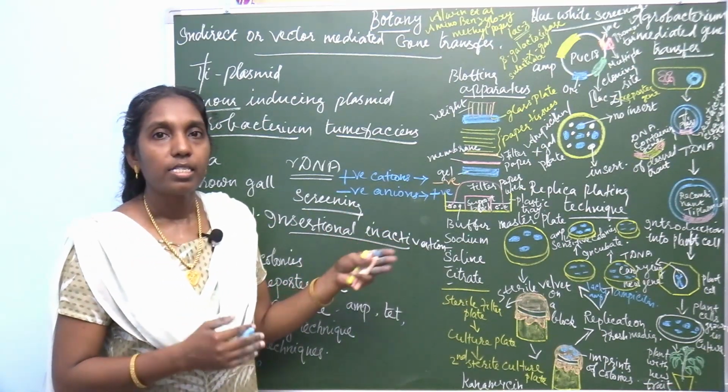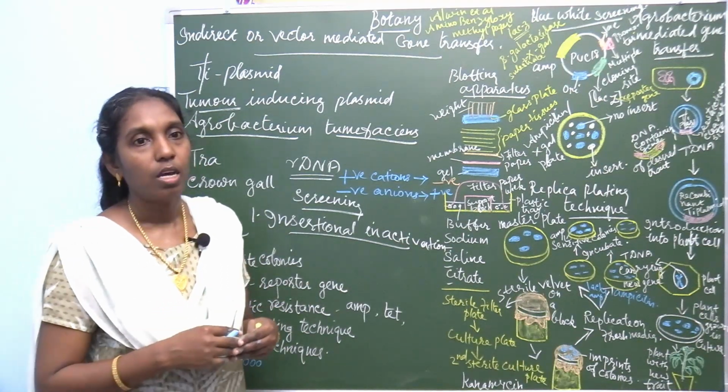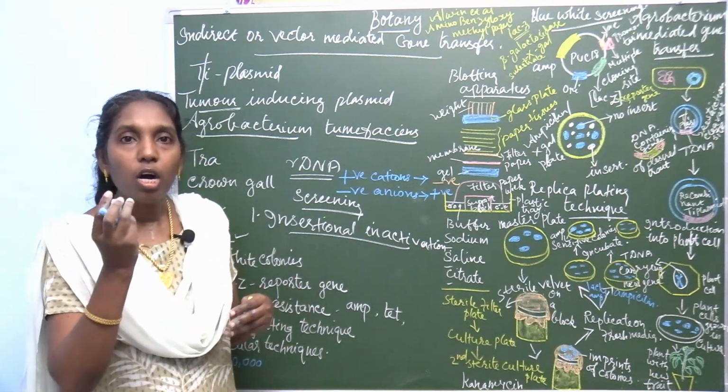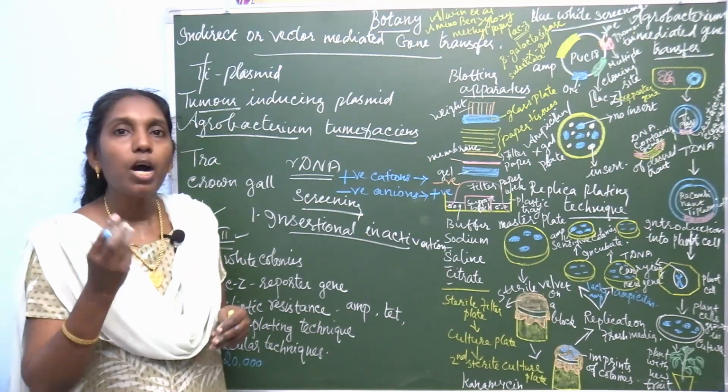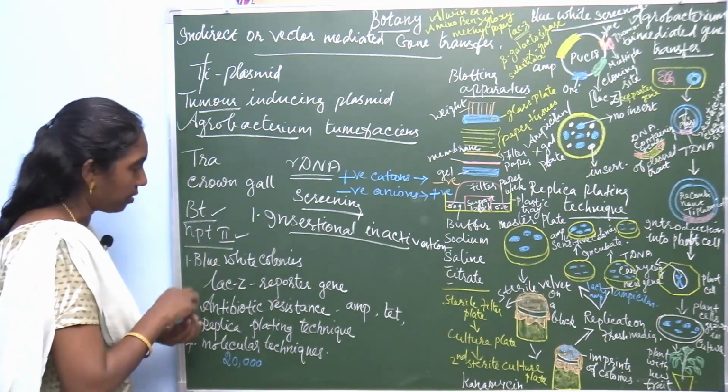Here, polyacrylamide is used to detect smaller DNA molecules.